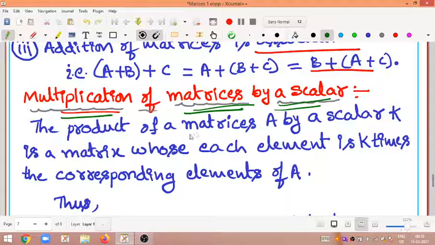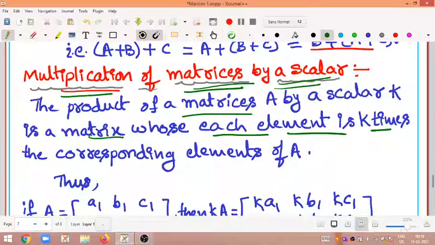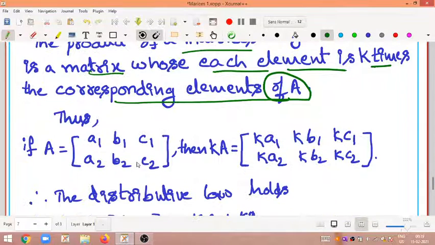See here, the product of a matrix A by a scalar k is called a matrix whose each element is k times the corresponding element of A. Thus, if A is equal to a1, b1, c1, a2, b2, c2, then kA is equal to ka1, kb1, kc1, ka2, kb2, kc2.